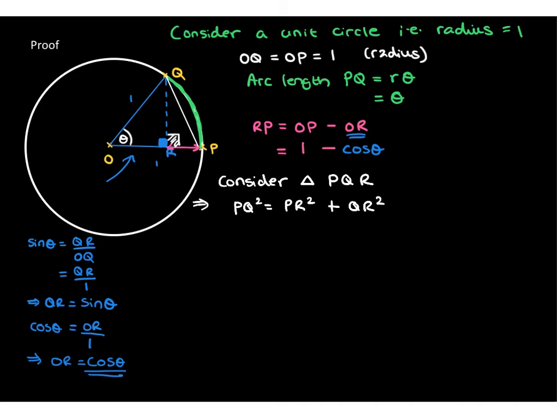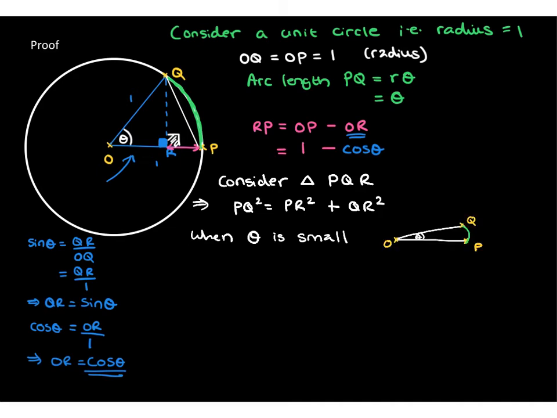Now, there's a little bit more to this. When theta is small, and again we will come to the definition of what we mean by small a little bit later on, I want you to imagine Q getting closer and closer to P because the angle theta gets smaller and smaller. I'll show this in a diagram.